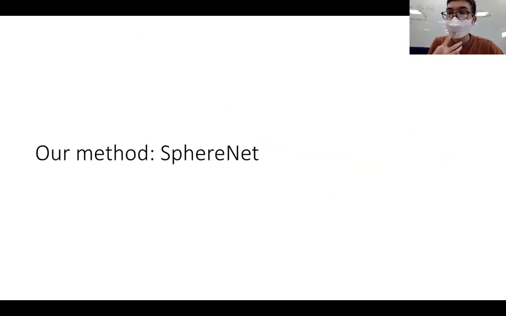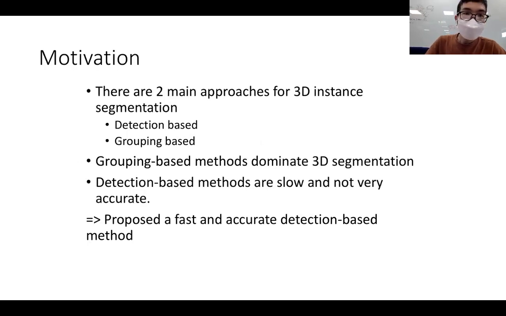Okay, so next I will present our proposed method for instance segmentation. The motivation is, as I presented, we have two main approaches for 3D instance segmentation: detection-based and grouping-based.